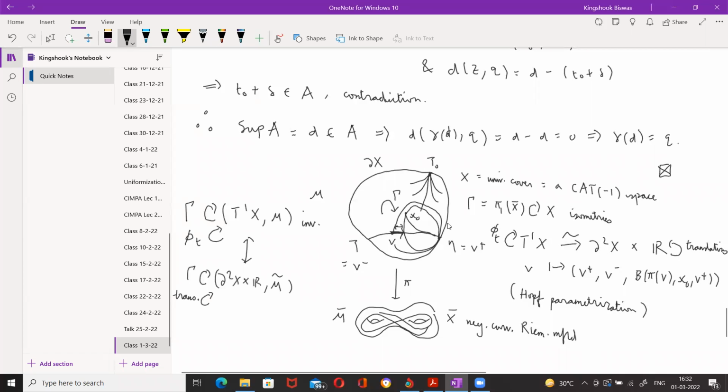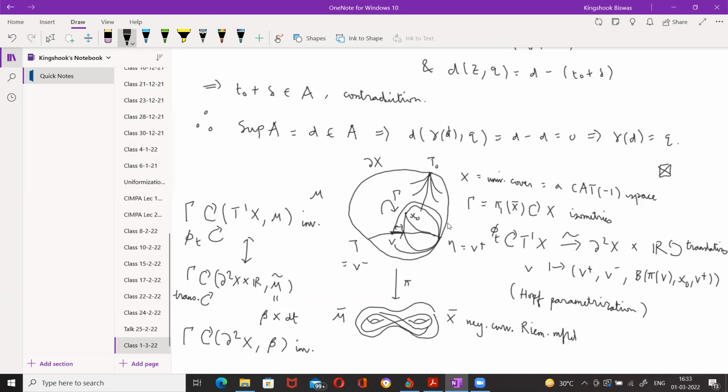Now, because it's invariant under translations in the R coordinate, this must be of the form some measure on del 2x cross Lebesgue measure dt on R. So it becomes a product measure, beta cross dt. So beta is a measure on del 2x, pairs of points on the boundary, which is invariant under the group gamma.